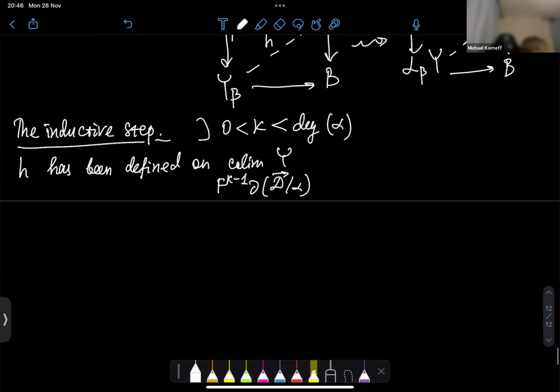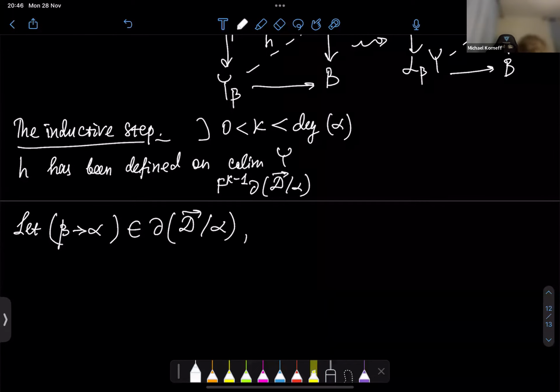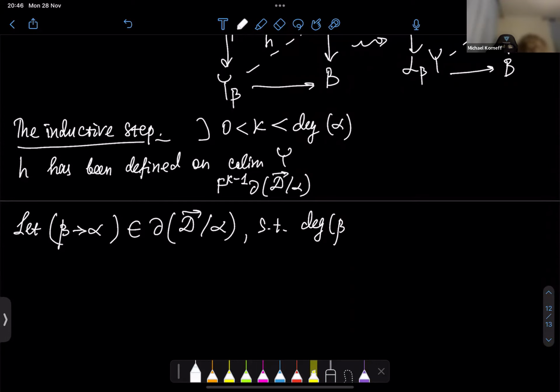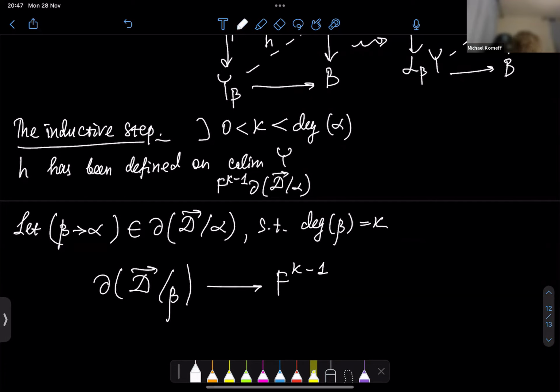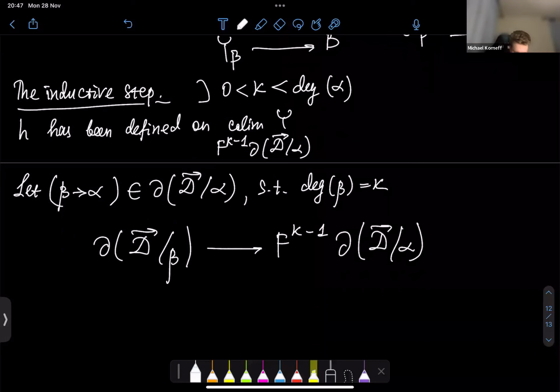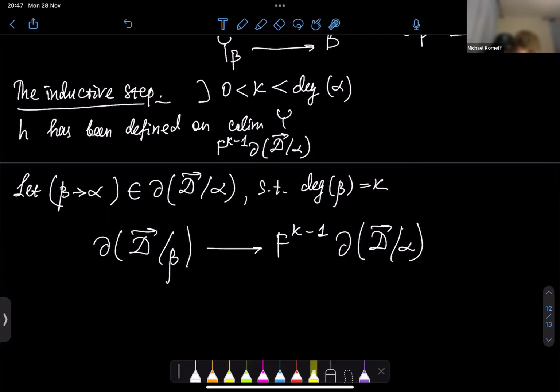So let's take some object in this category such that beta has degree k, and this map defines the functor between categories, as we form just a composition with the map beta to alpha.